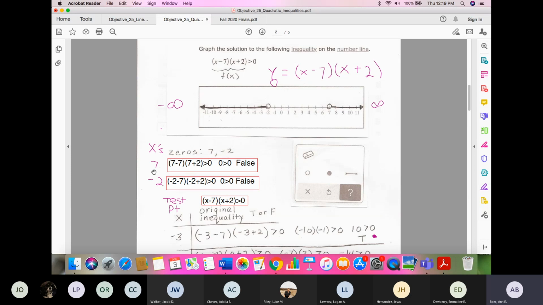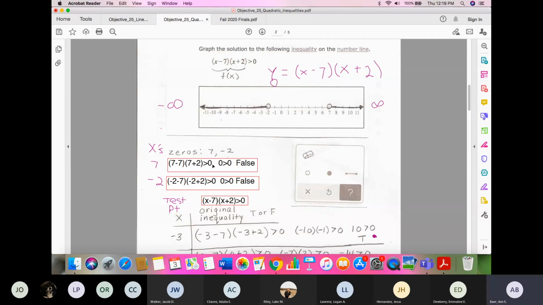So we want to check 7 in the original inequality. So these are our x's, so x equals 7. So I want to put 7 in for x here and here. So this gives us 7 minus 7 in this first factor, which is inside this red box here, times 7 plus 2 in the second factor, greater than 0.